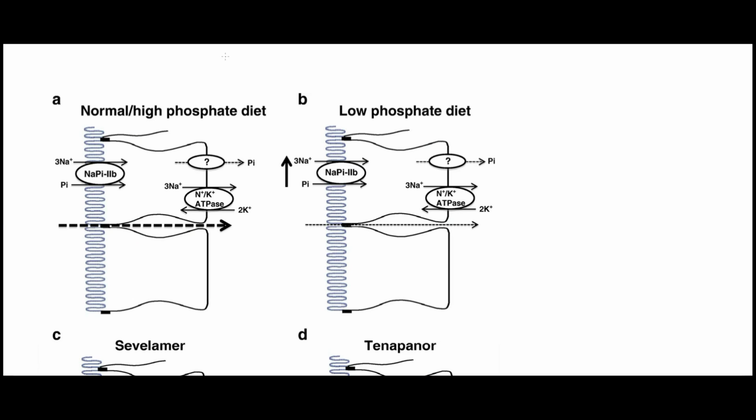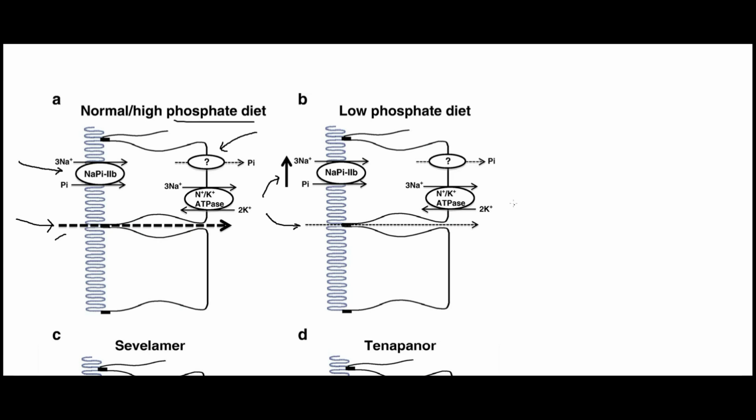All right, so here we have a normal high phosphate diet, and we are bringing in the phosphate through this sodium phosphate transporter. Once again, the basolateral transporter is just a question mark, but we have this paracellular pathway here and the thick dotted line showing that there is a lot of phosphate coming in that way, whereas in low phosphate we have these smaller dotted lines because less is going in that way, and so we actually have an upregulation of these sodium phosphate 2B transporters here.